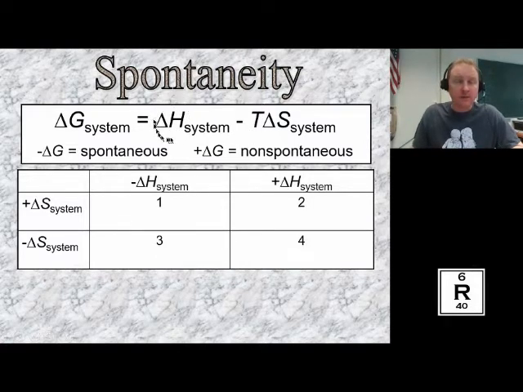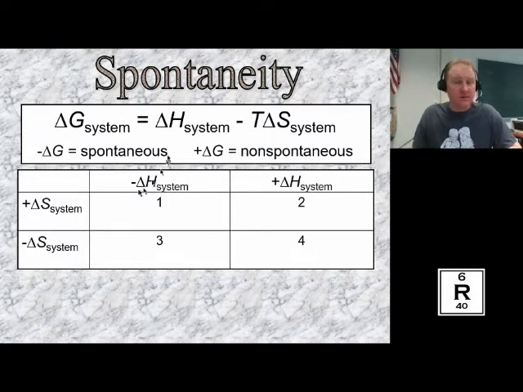So negative minus a positive delta S, that means it's more entropy. Positive delta S, we're increasing the disorder. So negative minus a positive is becoming more negative, such as negative 10 minus positive 10, negative 10 minus 10 would be negative 20.